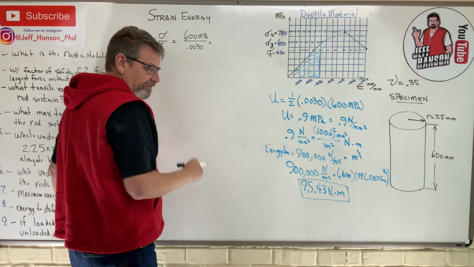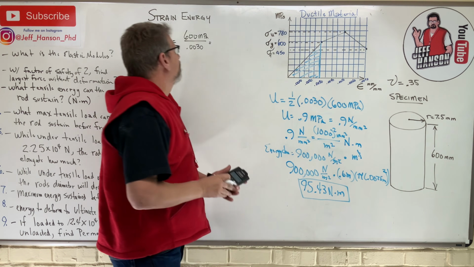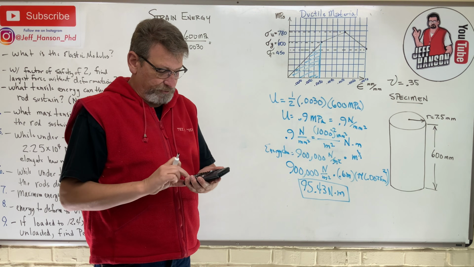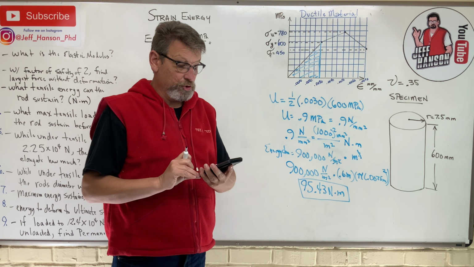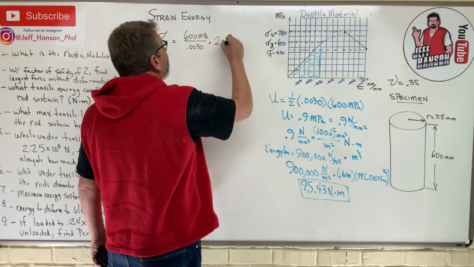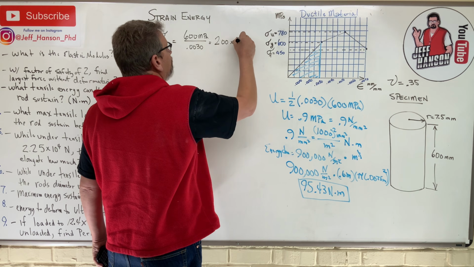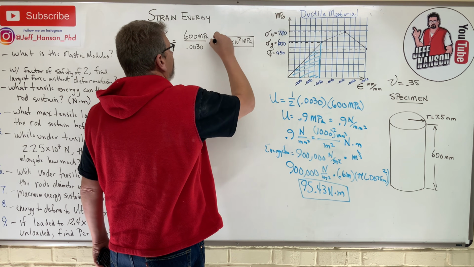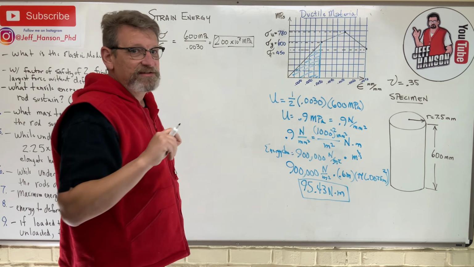Okay, so what does that equal to? Let's see. 600 divided by 0.0030 is 200,000, or 200 times 10 to the 3 megapascals, okay? So there is the answer to part A.